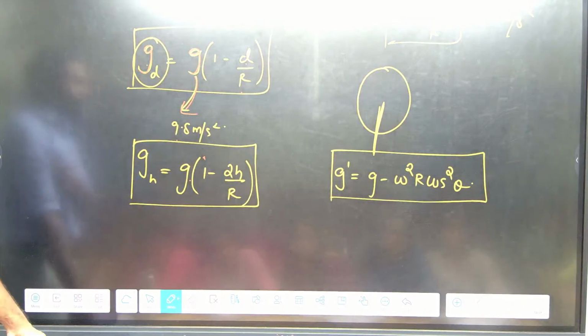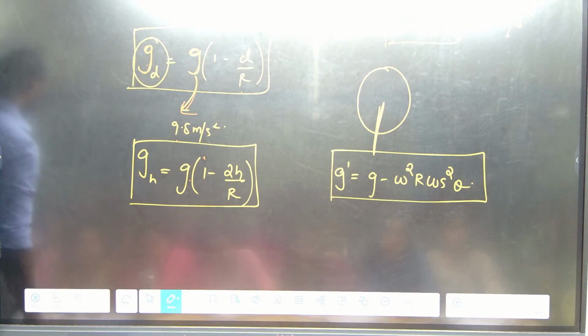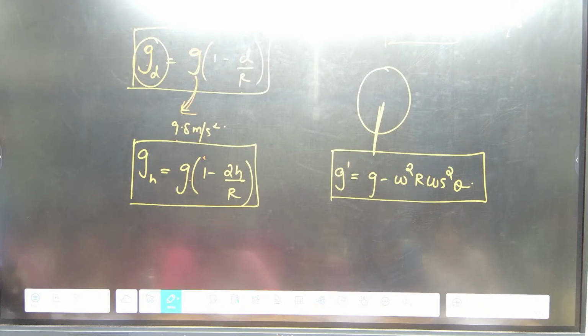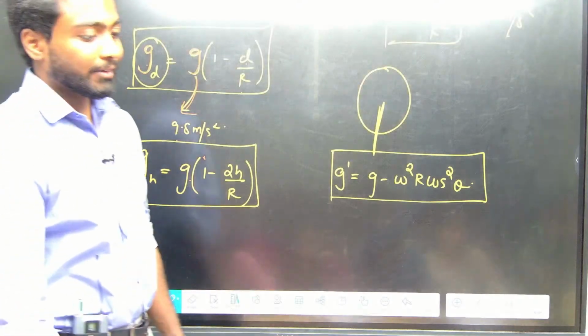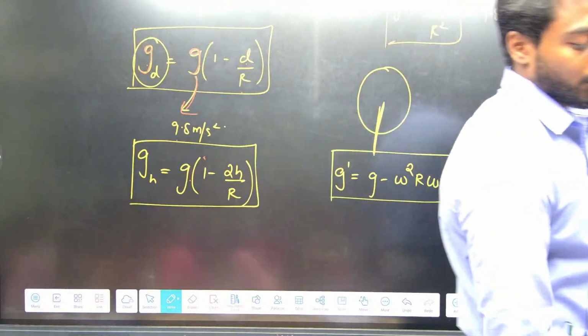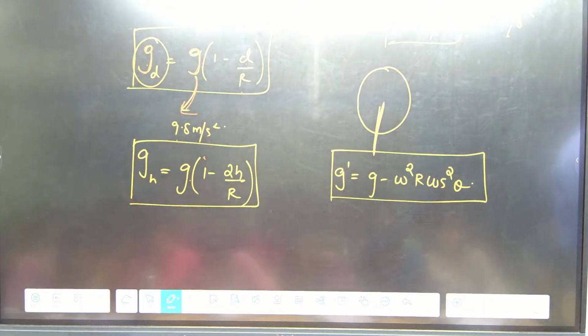Here omega is nothing but angular velocity, r is the radius, and theta is the latitude angle.